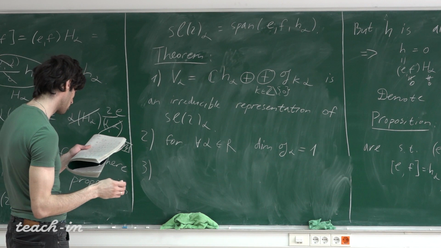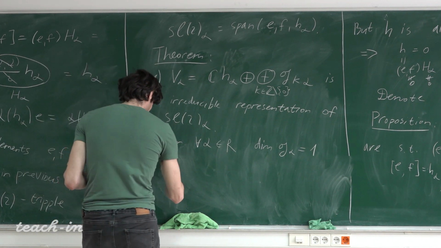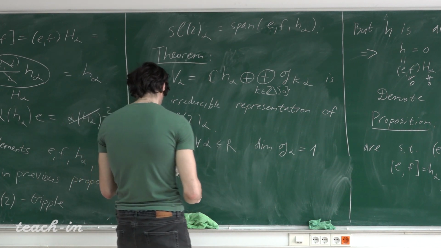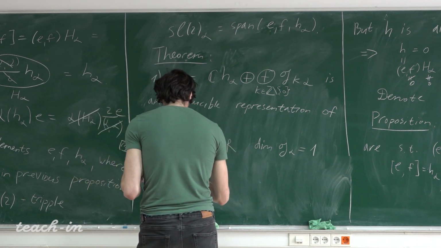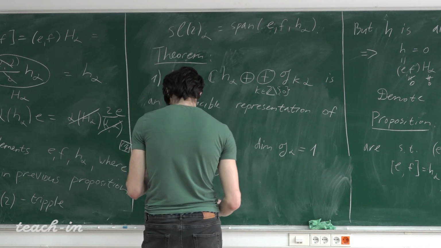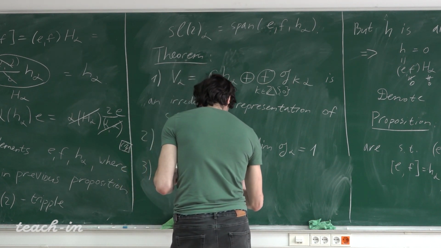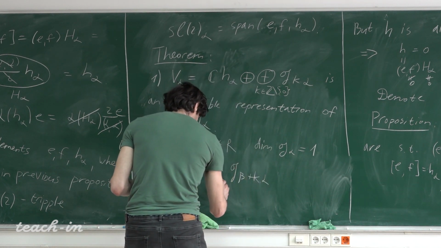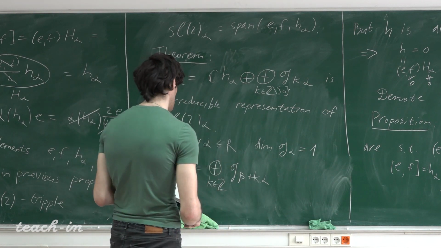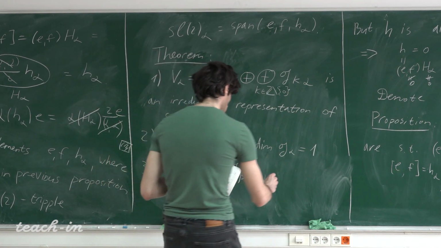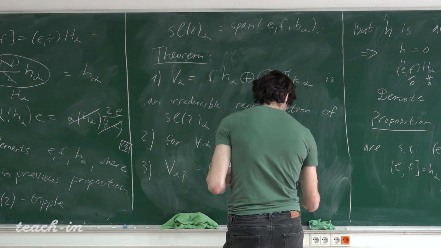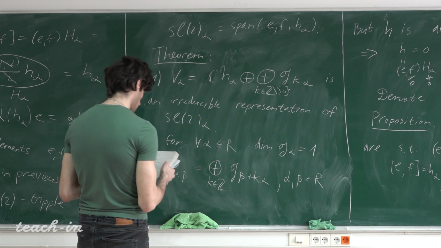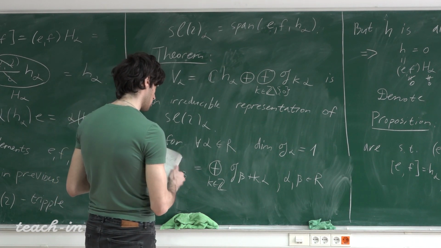So we have a bunch of them, and if I denote by V alpha beta this direct sum, G beta plus K alpha, as K runs over integers, here alpha and beta are some roots, it is an irreducible representation of SL2 alpha.